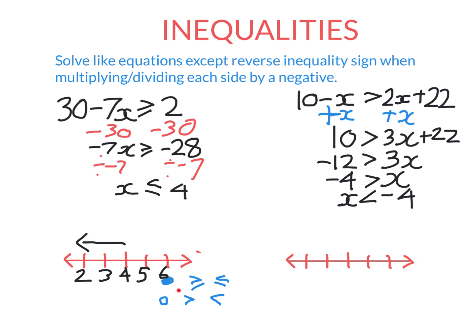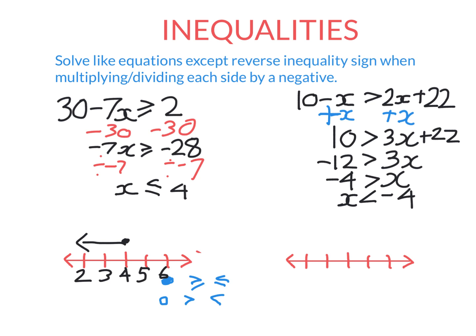Now, this blue writing says when it includes the value, so when it's a greater than or equal to or a less than or equal to, you shade in the circle. So here I've got x is less than or equal to negative 4. That shows us all the values x can take, and it shows that we include the value negative 4 because it's shaded in.